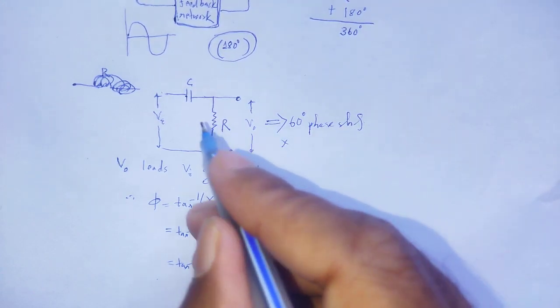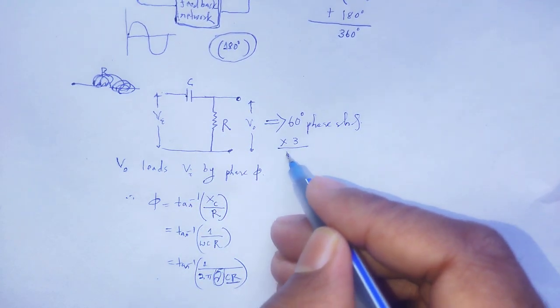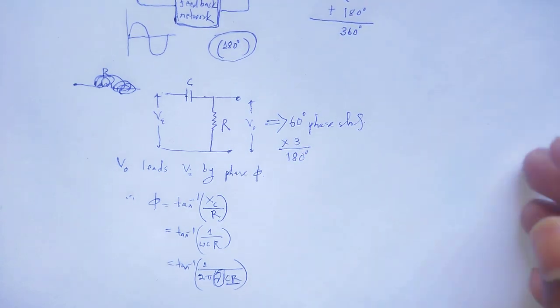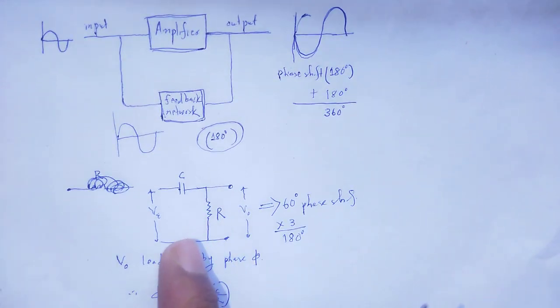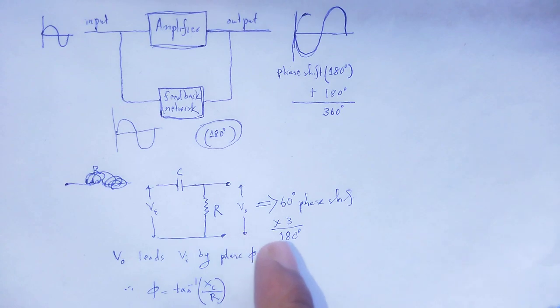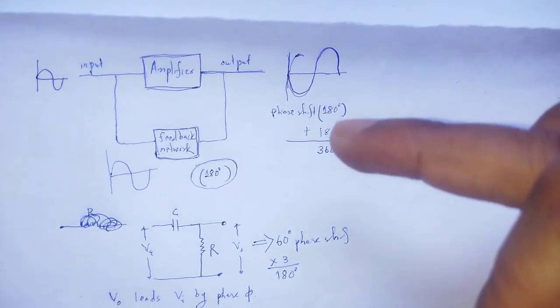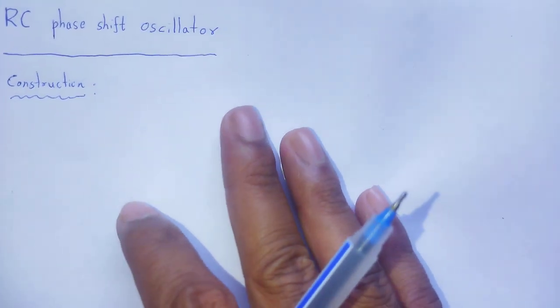Therefore, we can use three CR circuits to get 180 degrees of phase shift. So inside the feedback network, we use three RC circuits. Now, by using that information, we can easily construct the RC phase shift oscillator.